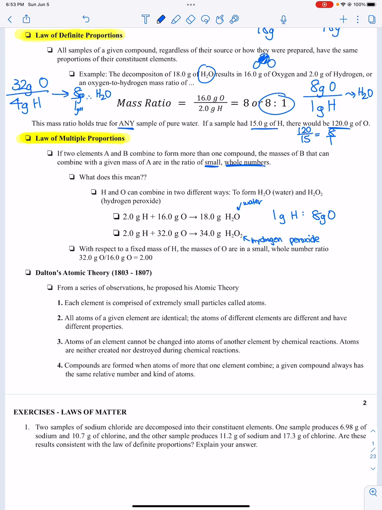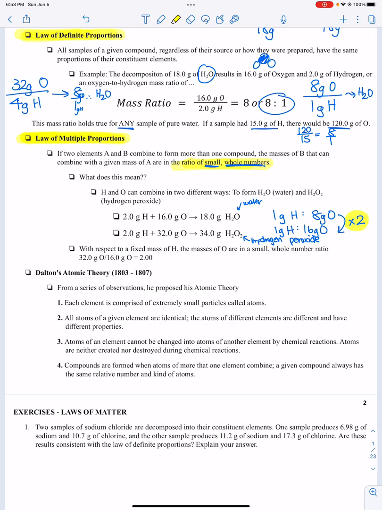This ratio is 16. So 1 gram of hydrogen has 16 grams of oxygen. This ratio is 2 times larger. This is the ratio of a small whole number that is referred to. This would be consistent with the law of multiple proportions. 16 is 2 times 8.